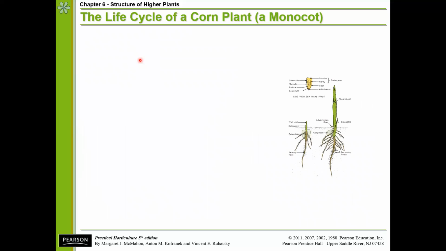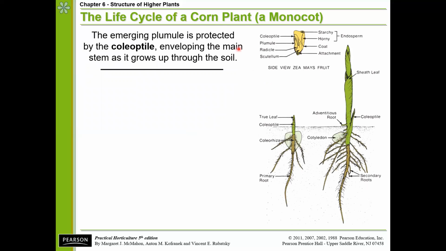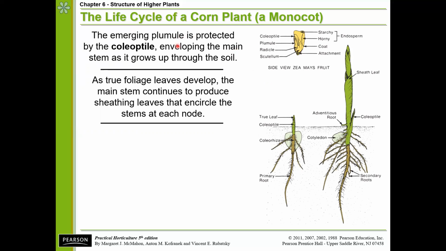So looking at some of this in a little bit more detail. First, the emerging plumule is actually protected by the coleoptile, which is just the guarding part. It looks like what you would think of as that first cotyledon, but it's actually just a sheath.